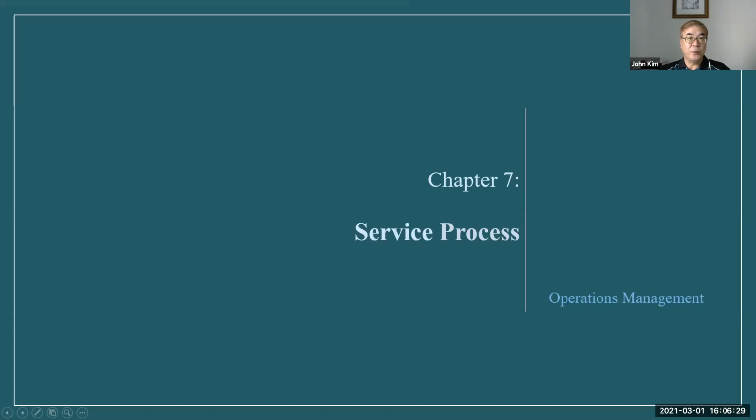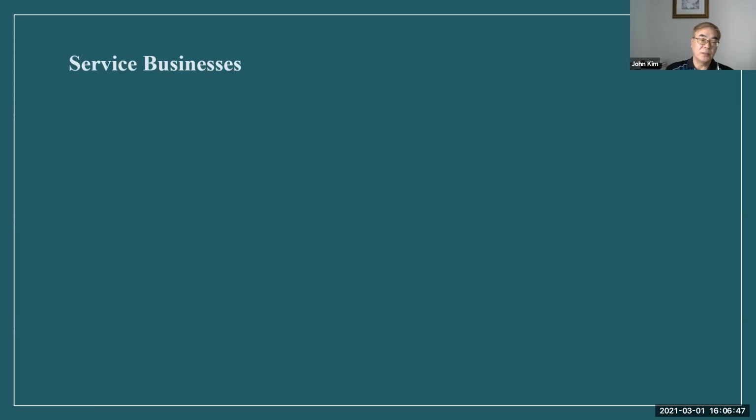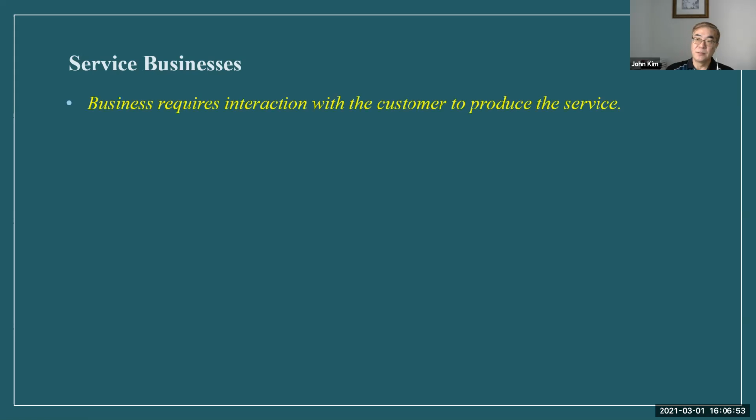Okay, today we will cover part of chapter 7, service process. Last week we covered the manufacturing process. First, define what a service business is. Earlier, when we talked about operations, if the output is tangible, then it is manufacturing. Intangible output, then it is service.